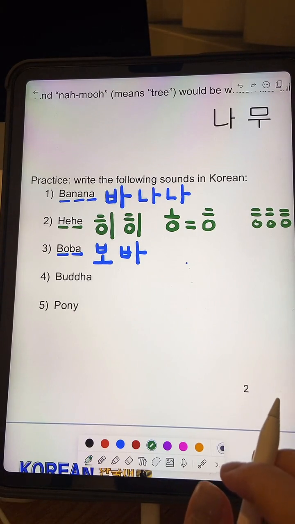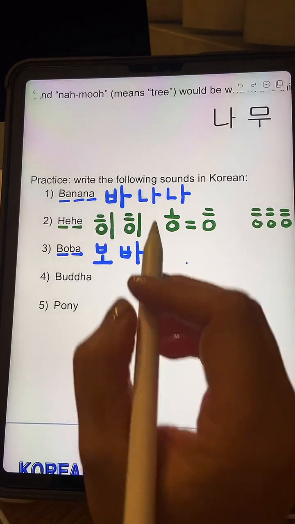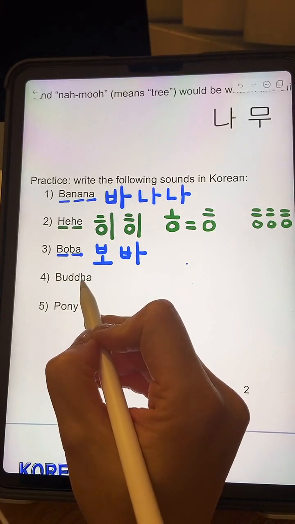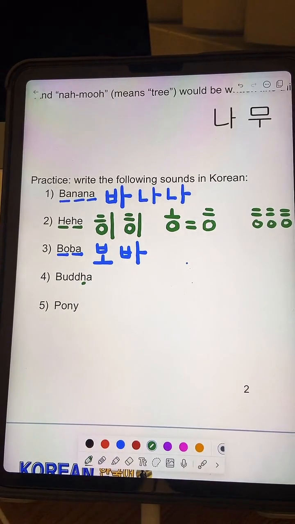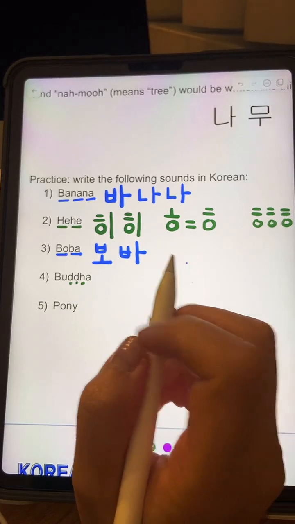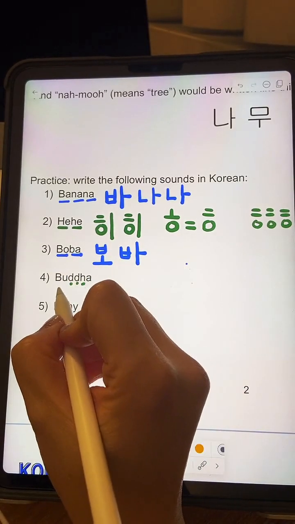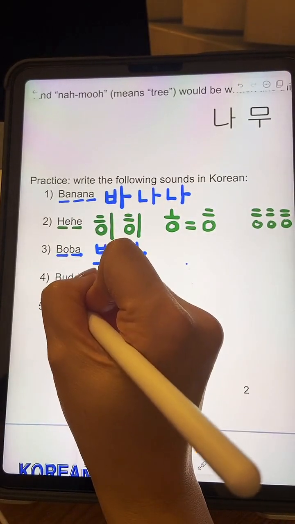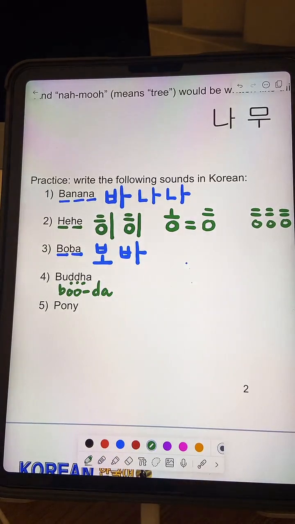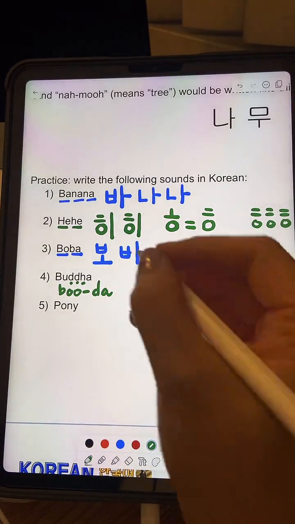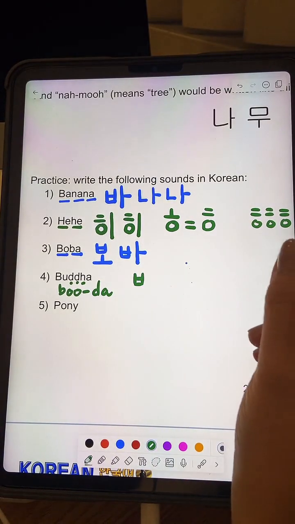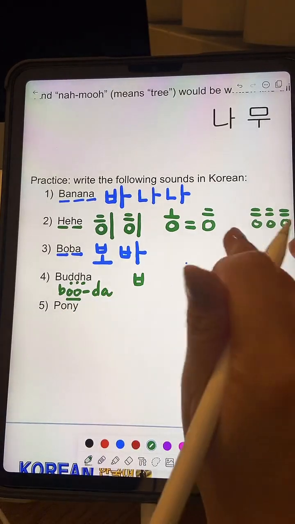Okay, next one is Buddha. Only think about the sounds. Don't think about this H spelling here, don't think about the double D. Just think about the sound, which means it would be like B, like boo. Buddha, right? Temi, good job. We start with the B. And ooh, we need ooh.